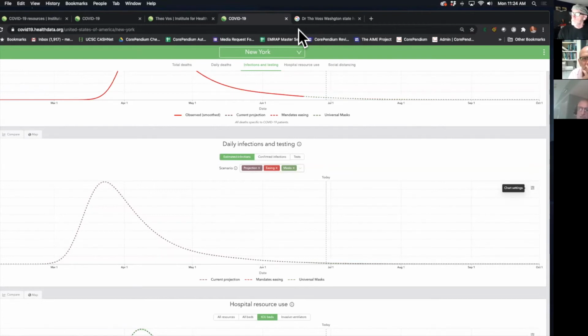The masks can dampen that effect and keep the effective R below the magic threshold of 1 for as long as possible, and hence have such dramatic effects on the projected numbers of cases and deaths.